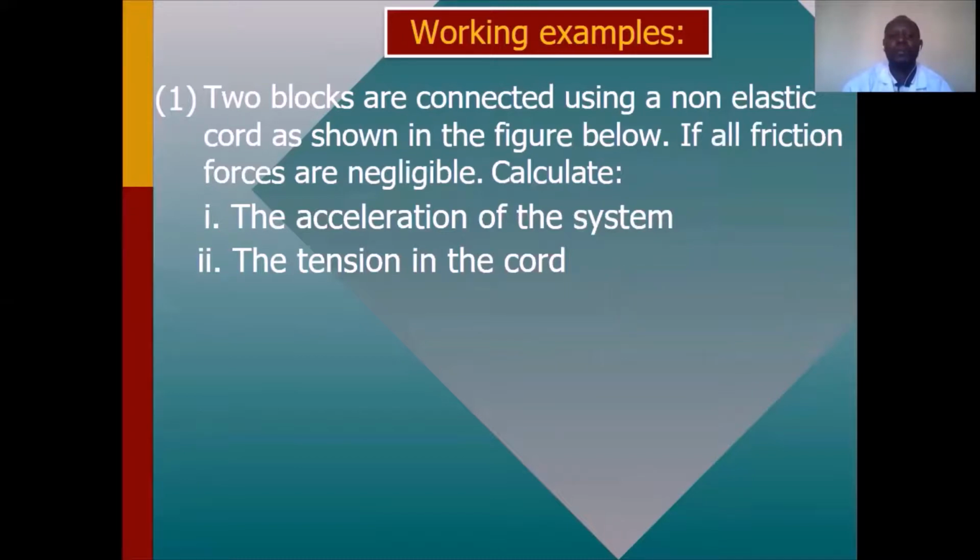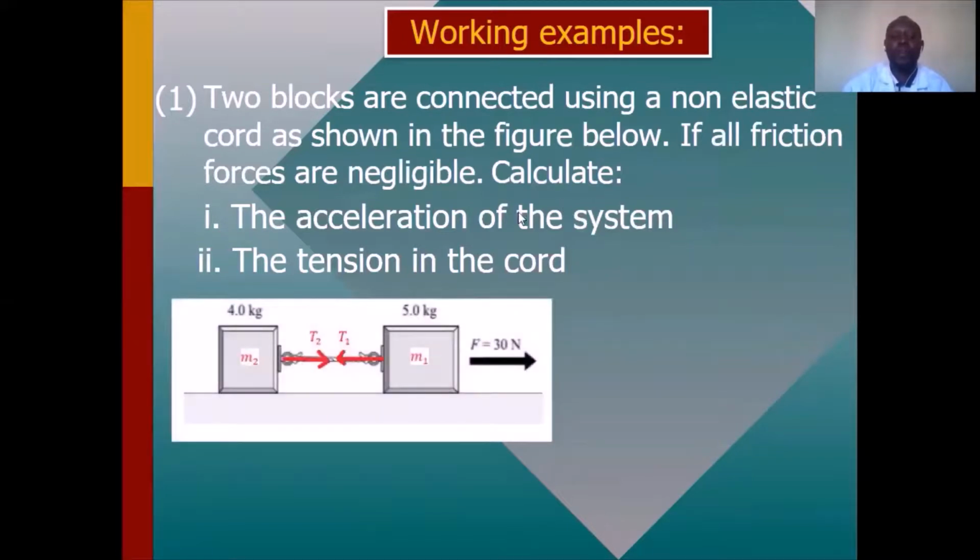For the solution to this problem, we are going to draw the diagram and put in the forces. Here we have the motional force of 30 Newton. As the motional force pulls this 5 kilogram mass forward, there is a reaction force in the cord. That is tension 1, the reaction force to the motional force.